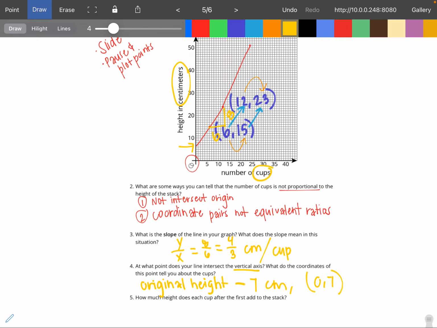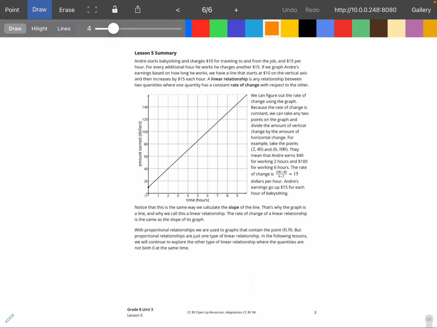And then every time we add a cup, we're adding 4 over 3 centimeters per cup to the stack. So notice that even though this relationship is not proportional, even though we can't multiply x times something to get y every time, it's still growing at a constant rate. For each cup we add, we're adding the same amount of height. And that's the key takeaway from today's lesson.